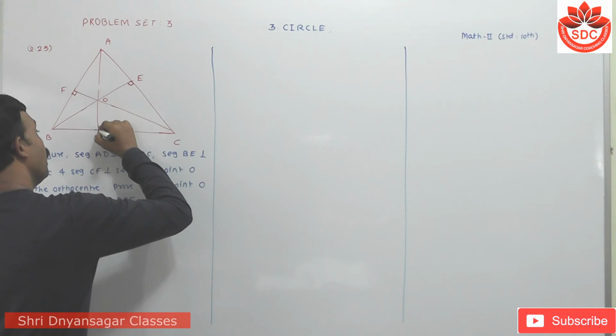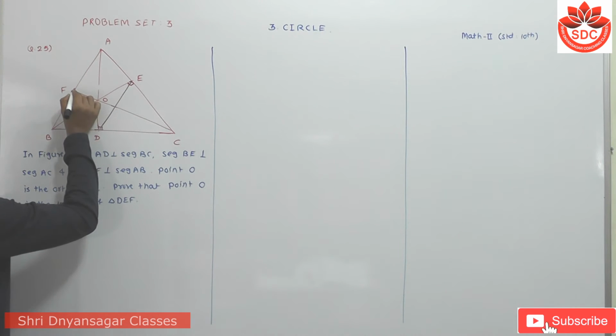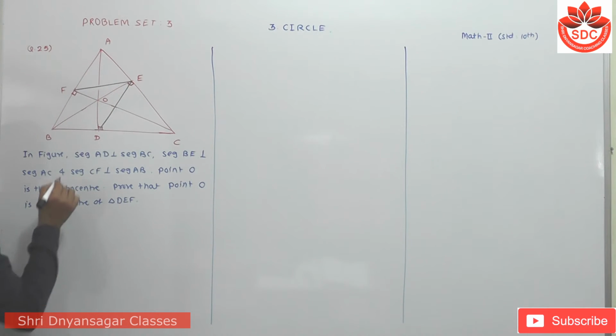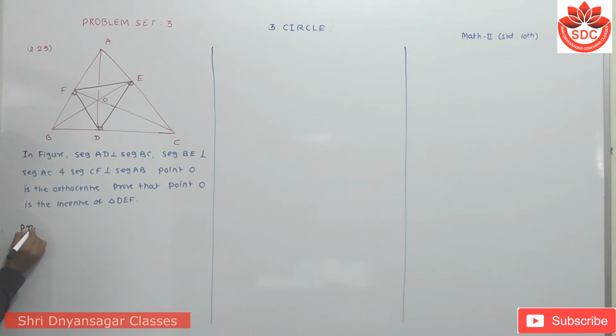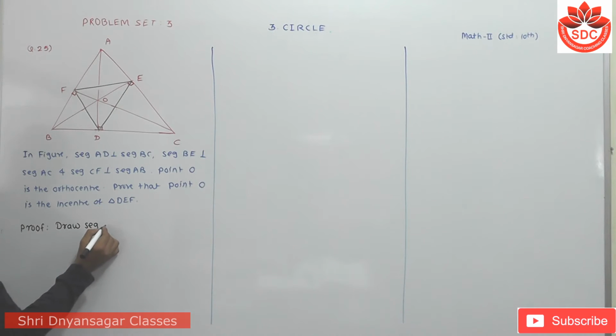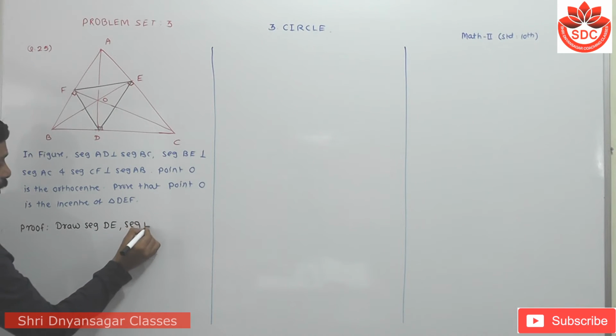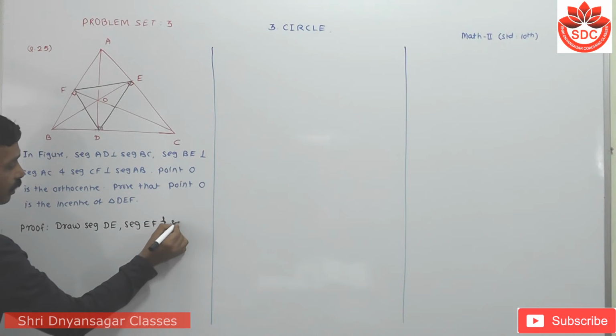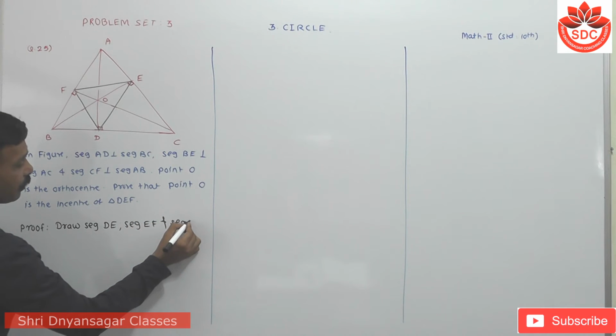So the construction is: draw segment DE, segment EF and segment FD. So I have to write its proof: draw segment DE, segment EF and segment FD.